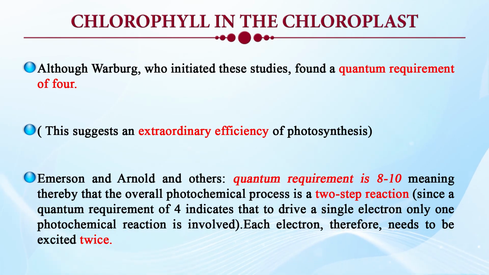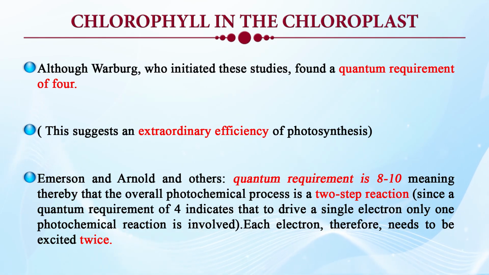Emerson and Arnold reinvestigated the whole process and came to a conclusion, as I said in the last lecture, that the overall photochemical process is a 2-step reaction and not a single step reaction, because they found that the quantum requirement is 8 to 10 and Warburg was insisting on 4.